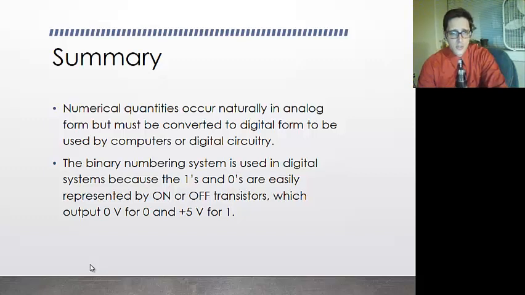So 0 volts for 0 and 5 volts for 1. And so really that makes it a very efficient system because transistors can switch on and off very, very quickly. And so that's something that allows computing technology to be very efficient.